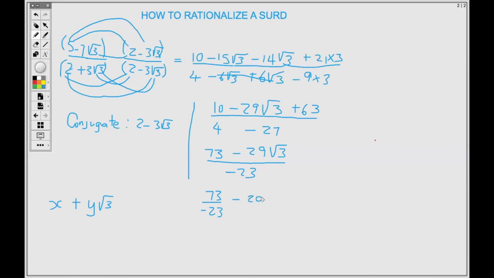While the next part, I'll have minus 29 root 3 over minus 23. And by right, our y in this case, because of 2 negatives, it will become positive. So this will be positive 29 over 23. That will be our y. And then we have root 3.